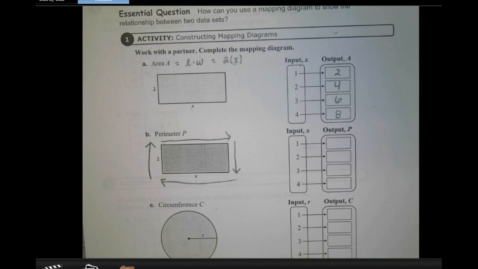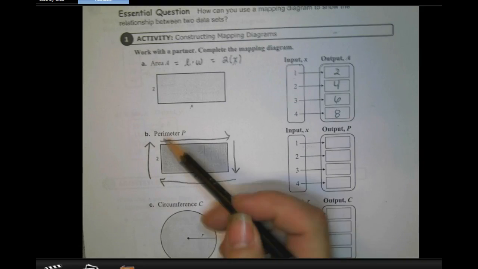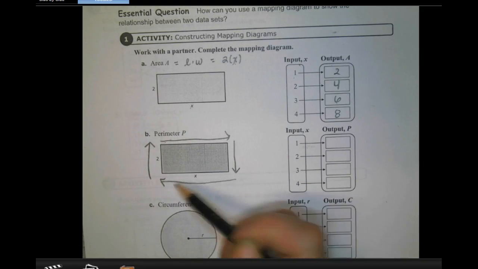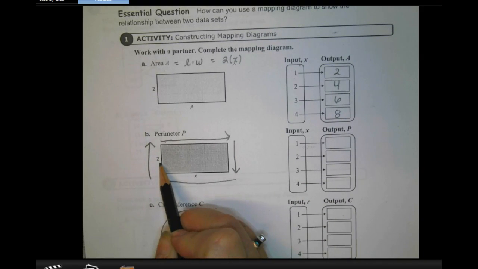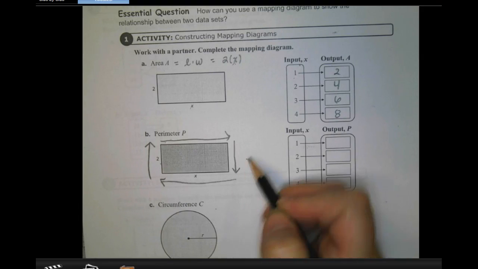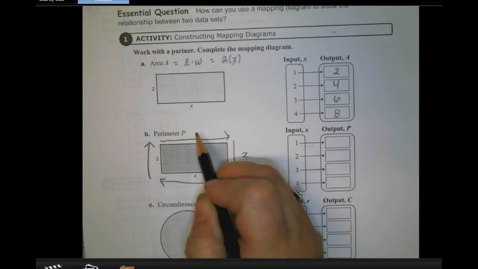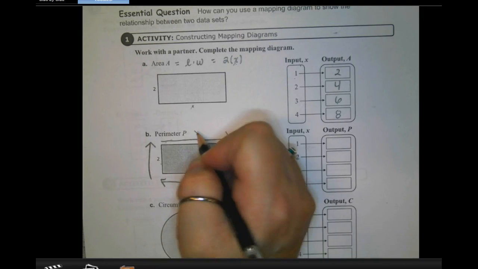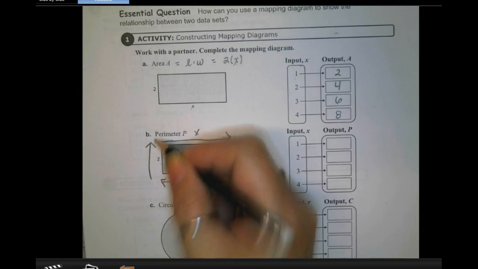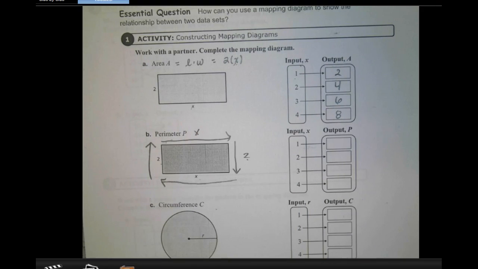It's not a multiplication problem. I need to know what it takes to go all the way around. If this is 2, what's this going to be? If this is x, what's this going to be? How do I find what it takes to go all the way around?